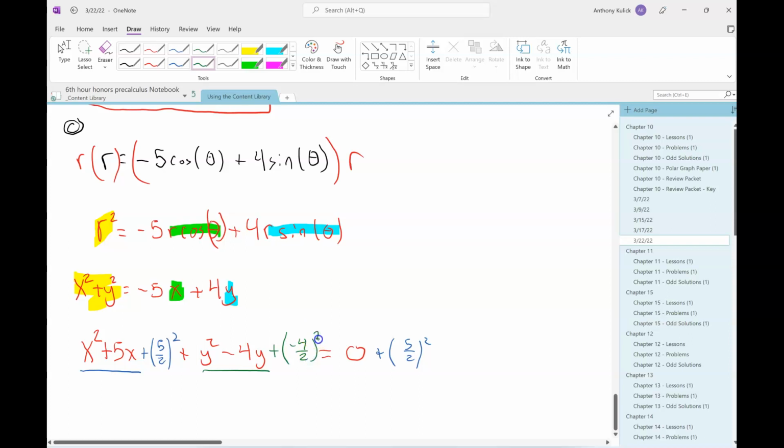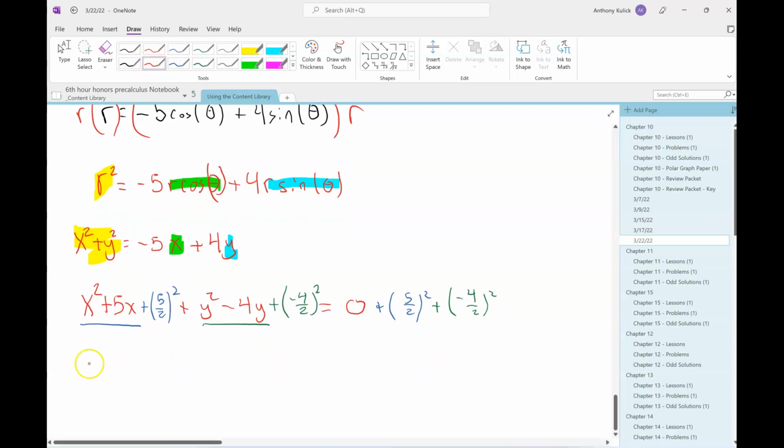Negative 4 over 2 squared, or you could just write that as negative 2 if you prefer. These are notes though, so I'm going to try to write it in the way that it's obvious to see where I got it from. We doing okay?